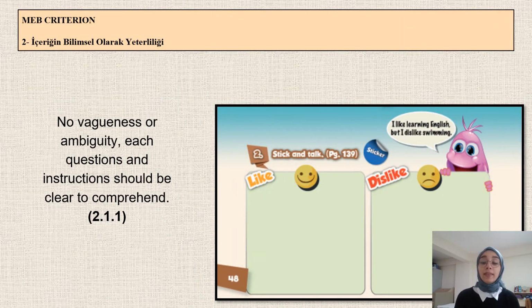Again, in this activity, it says stick and talk, but stick what? I saw that there are some stickers at the end of the book, but there should have been information for those stickers. There is none, so students may get confused.